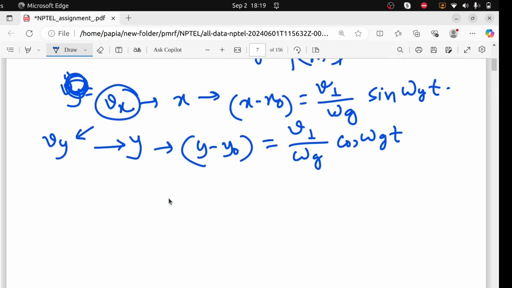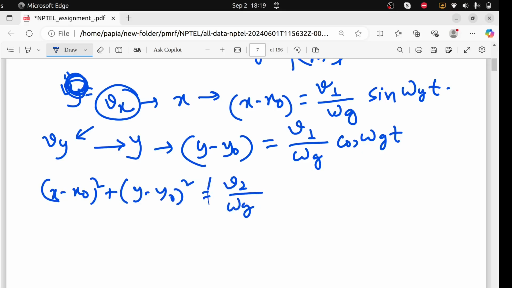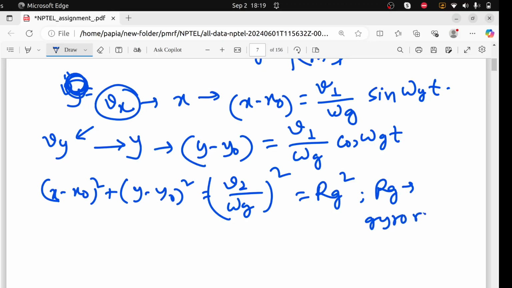Now you can see that I can have one expression: x minus x0 whole square plus y minus y0 whole square is V perpendicular by omega z whole square, and then cos square theta plus sin square theta is 1. So now I can write it like rg square. So rg is nothing but the gyro radius, and omega z is the gyro frequency.